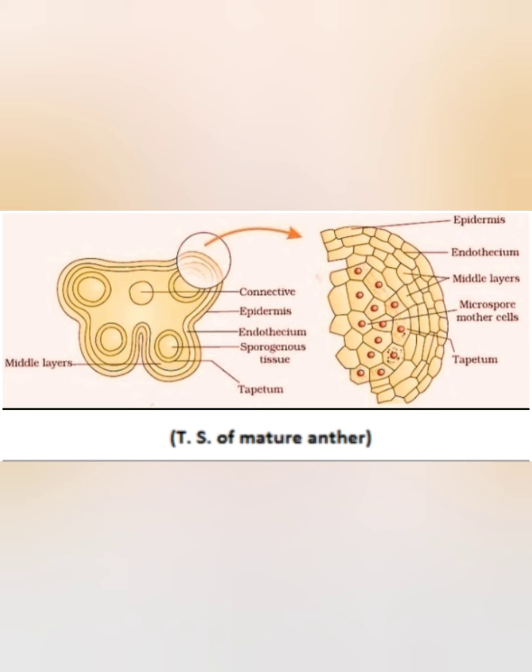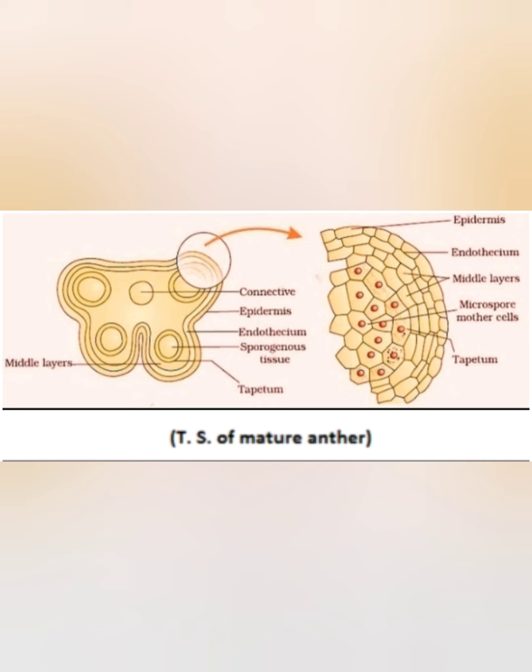What can you see in the transverse section of the anther? The anther is generally a tetragonal structure, that means having four angles, consisting of four microsporangia. These four microsporangia are located at the four corners of the anther. So each lobe consists of two microsporangia.